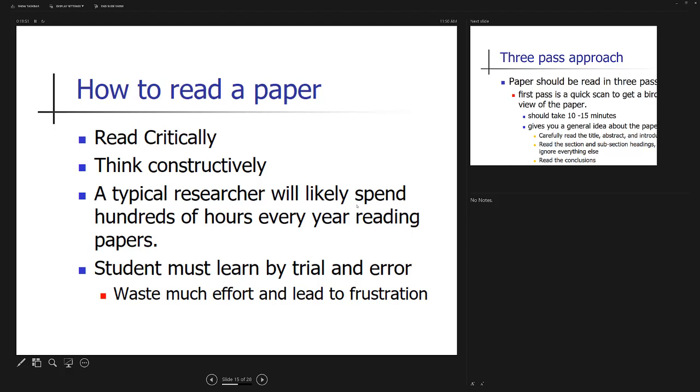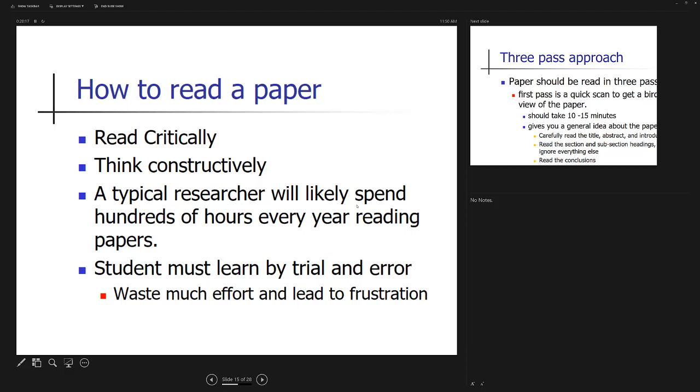So always remember two things. Whether a teacher gives you a paper, or you find it yourself on the web, whatsoever, you should always have in your mind that I have to read it critically. Why? Because you want to find further research directions from that paper. And you have to think constructively.